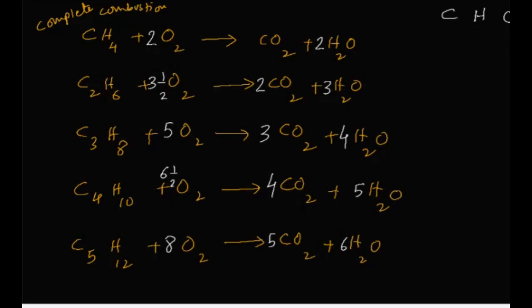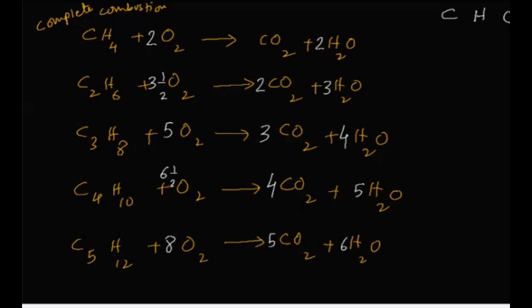So if you want to get the balanced equation by using 1 mole of alkane, you will get this type of balancing. Just look at the number of oxygen atoms. There is a symmetry. Now there are 2 oxygen atoms.